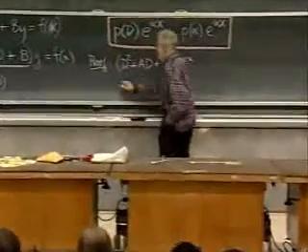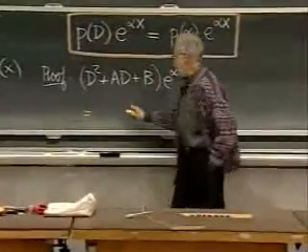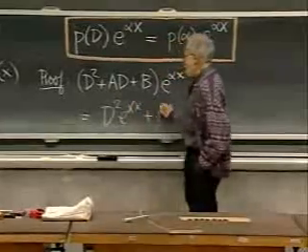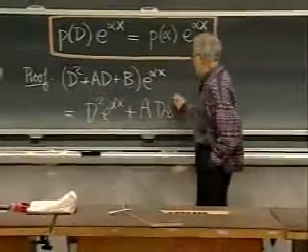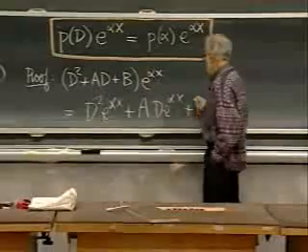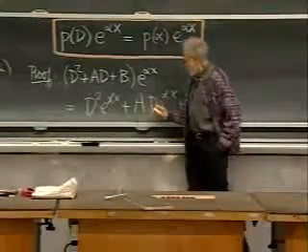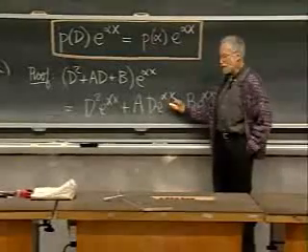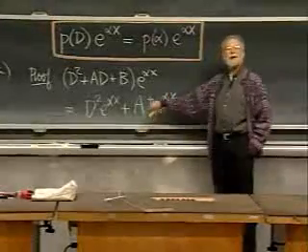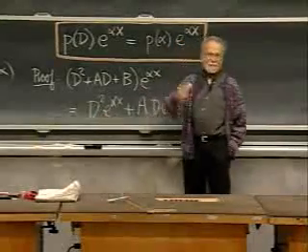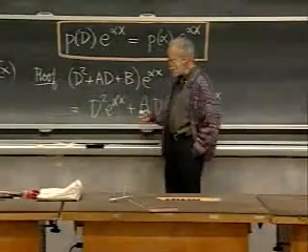Well, it's D squared of e to the alpha x by linearity, plus aD of e to the alpha x, plus b times e to the alpha x. What's the derivative of e to the alpha x? It's just alpha times e to the alpha x. What's the second derivative? If you remember from the exam, you can do 10th derivatives now.